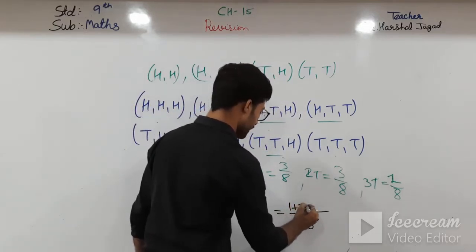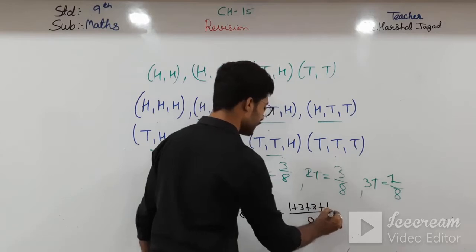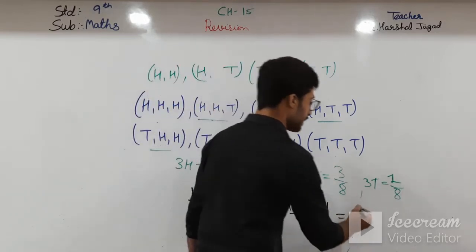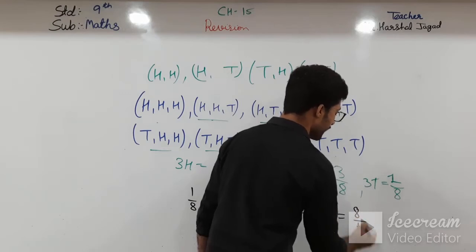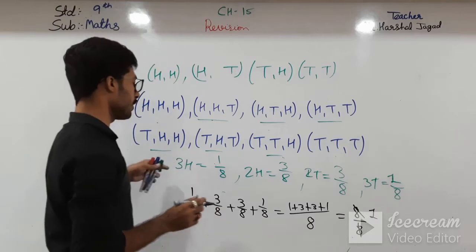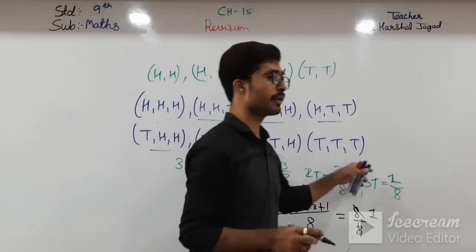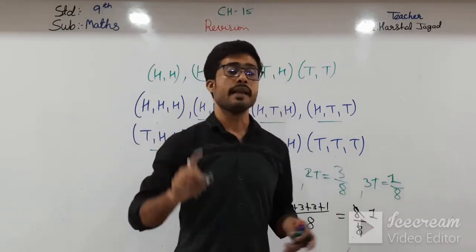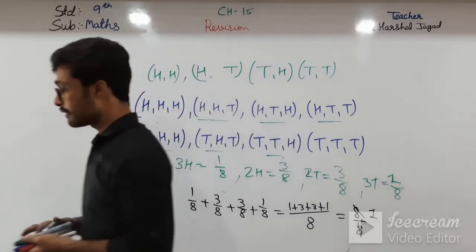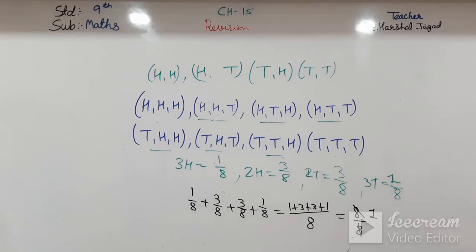So 1 plus 3 plus 3 plus 1 is 4 plus 4, that is 8 by 8. So 8 ones are 8. You have got P of A plus P of B plus P of C plus P of D equal to 1. In this way you have to check that the total is 1 or not. And moving towards the next.